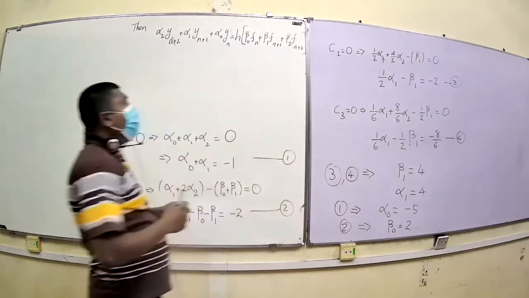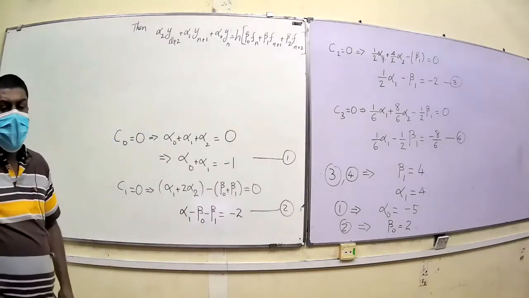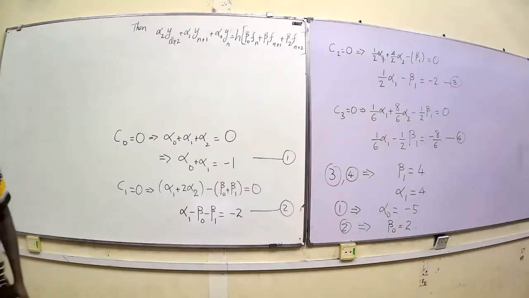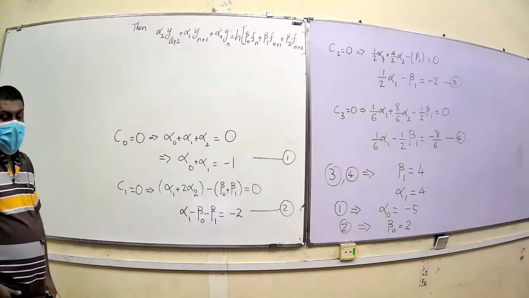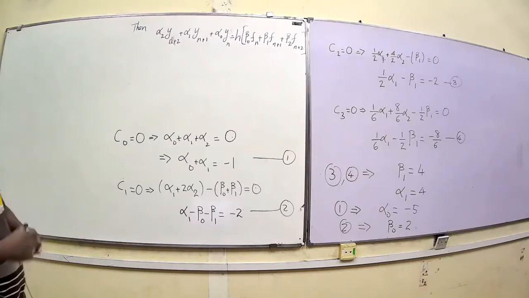This is the method, right? So if you have a two-step method, this is how it will look like: alpha 2 y n plus 2 plus alpha 1 y n plus 1 plus alpha naught y n is equal to h times beta naught f n plus beta 1 f n plus 1 plus beta 2 f n plus 2.